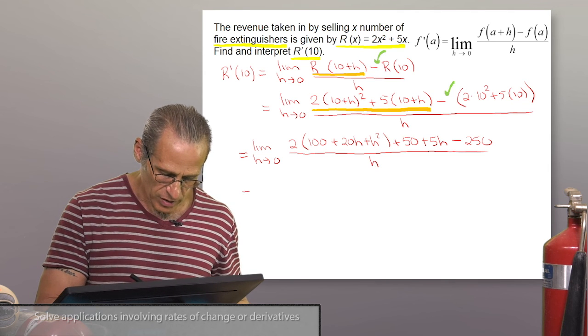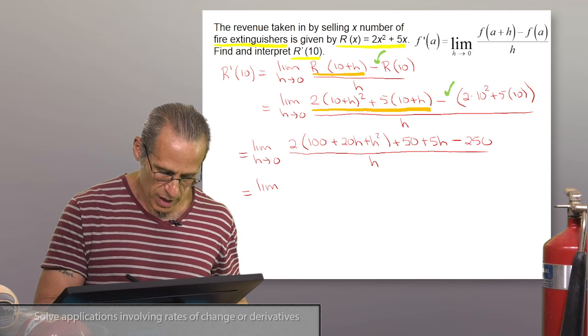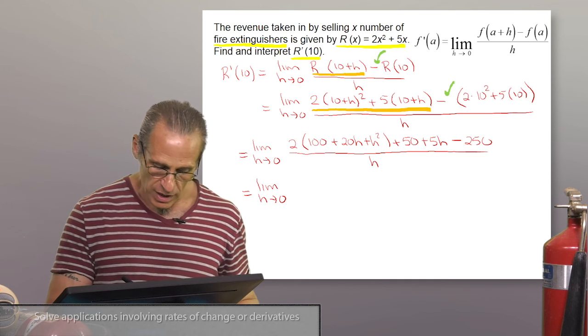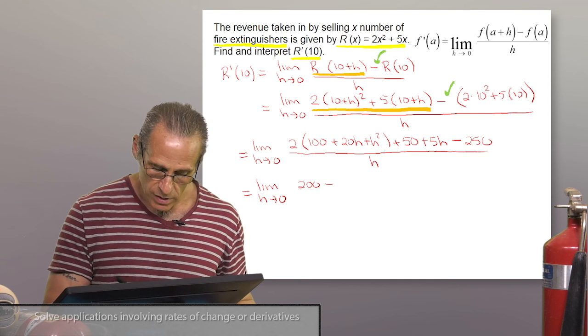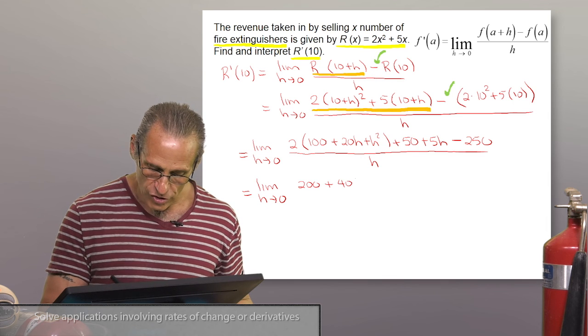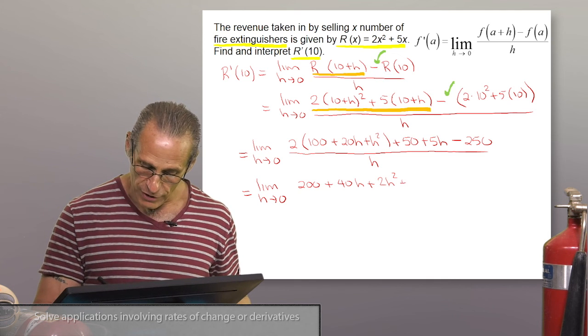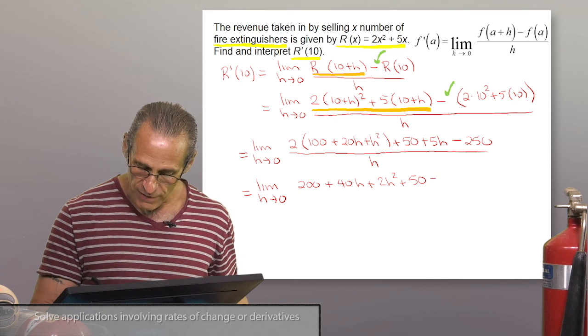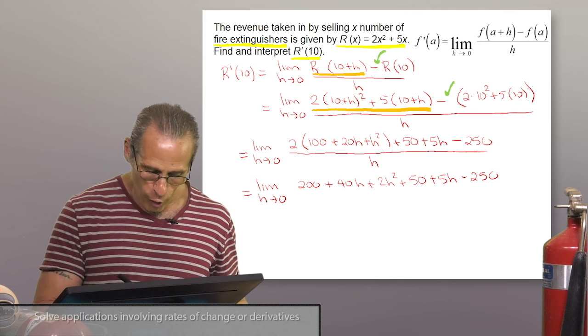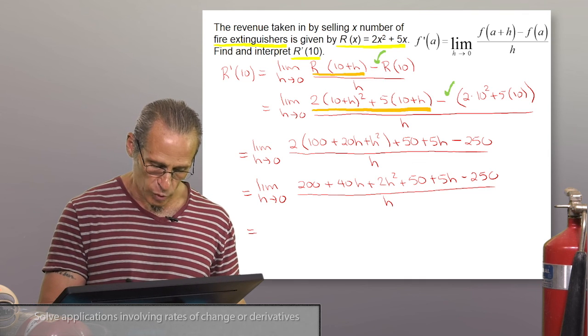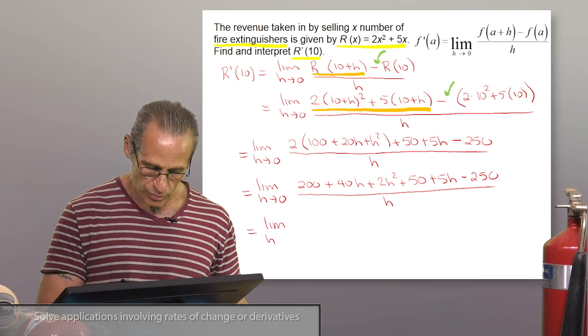Still not done dealing with the numerator. I'm going to multiply through by 2. So this gives me 200 plus 40h plus 2h squared. And then I have, again, plus 50 plus 5h minus 250 all over h. And you may be thinking I'm making things worse, but I promise I'm not.